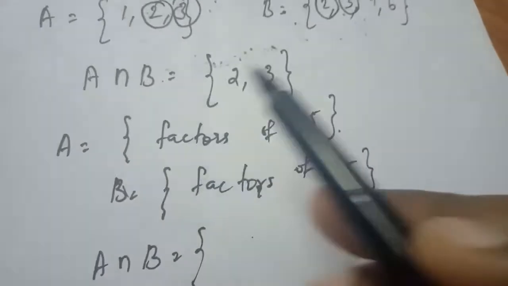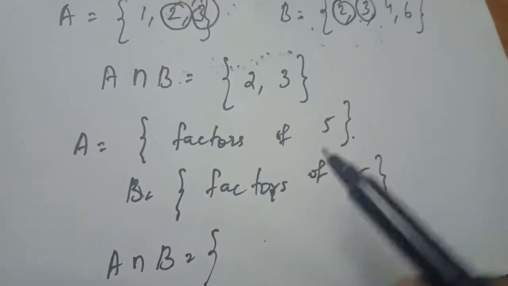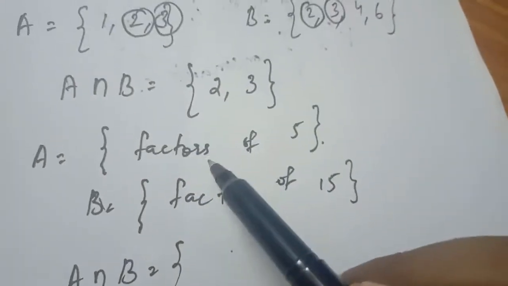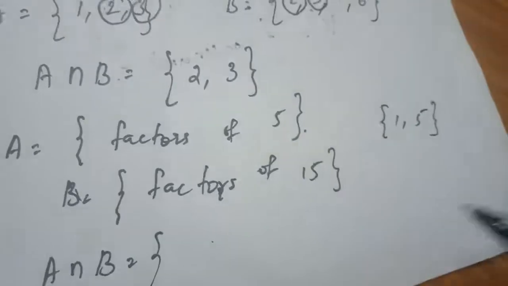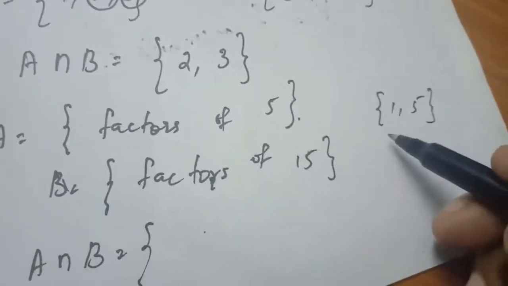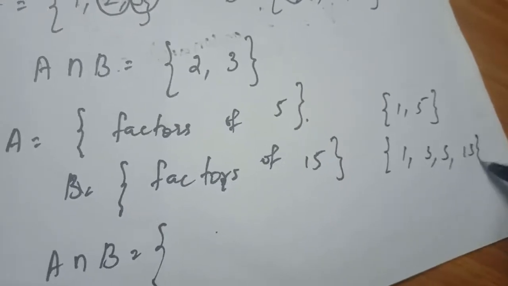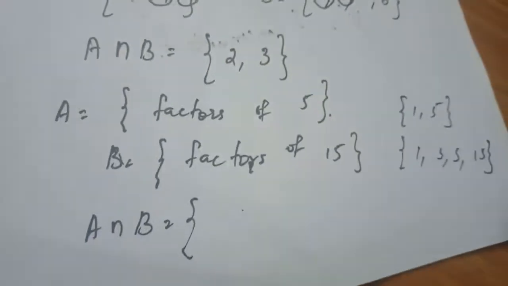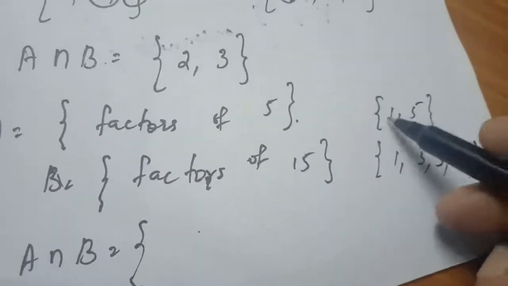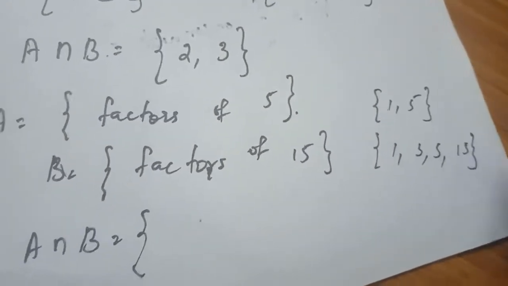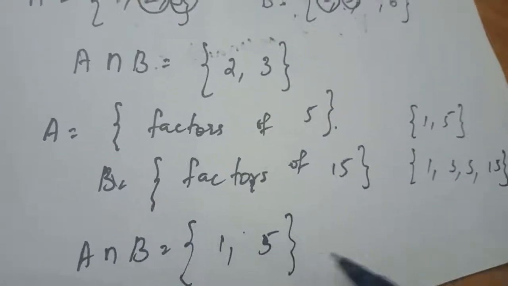We have to first list out the elements, then take the common and then write A intersection B. For A, we know that factors of 5 are 1 and 5. And for B, the factors of 15 are 1, 3, 5 and 15. So here we can see that in both A and B, 1 and 5 are common. So we can write A intersection B as set {1, 5}.